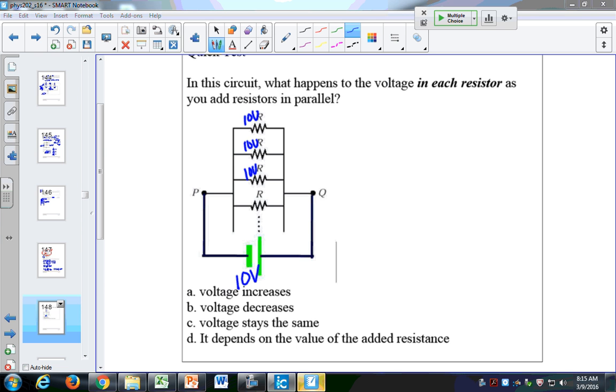Okay. Now, what happens to the total current? As I add resistors in parallel, this is the total current. Does it increase, decrease, or stay the same?